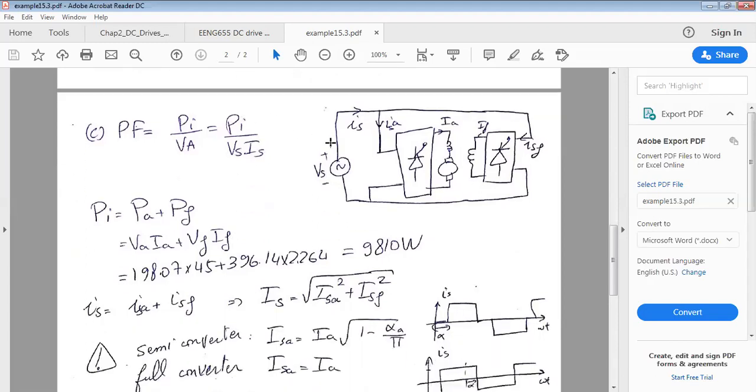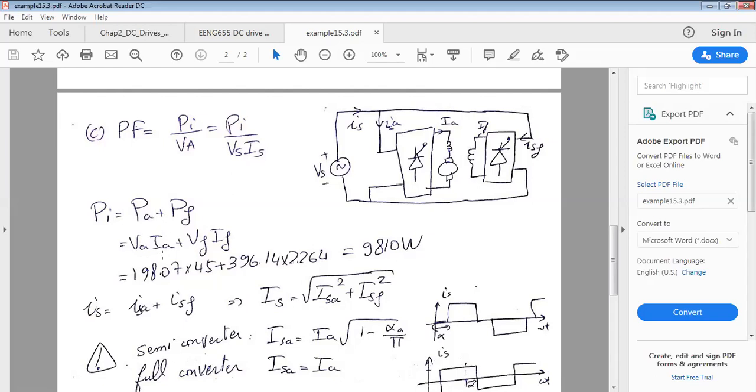So the input power of the drive, since our converters are efficient at 100%, then the AC power of the armature is equal to the DC power at the output of the converter. So PA equals VA times IA, Pin equals PA plus PF, power of the armature converter plus power of the field converter.